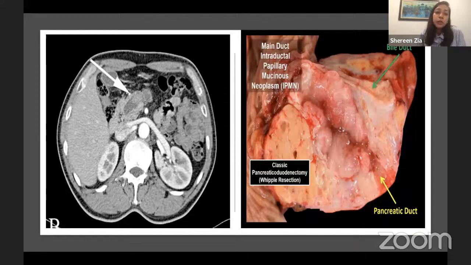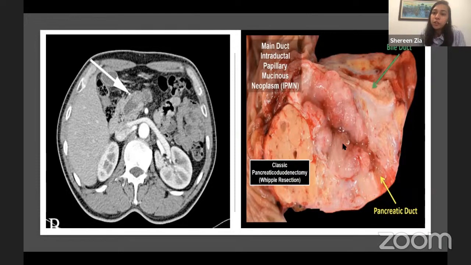So here, I'm showing you the imaging finding of IPMN. That's the cystic lesions in the pancreatic head usually, and then they can communicate with the main duct. And this is a gross image of one of the Whipples that was resected for main duct IPMN. So you can see the pancreatic duct that's dilated.